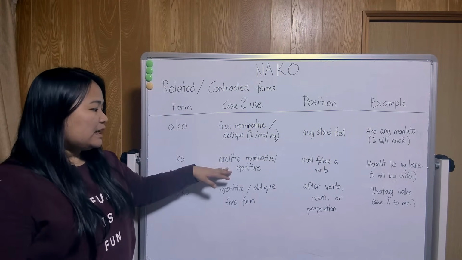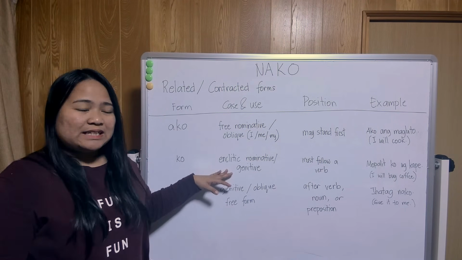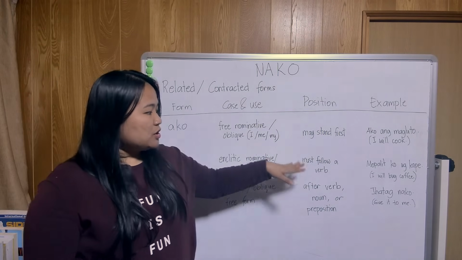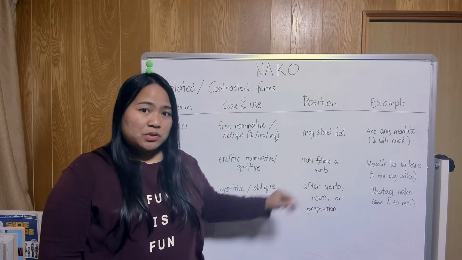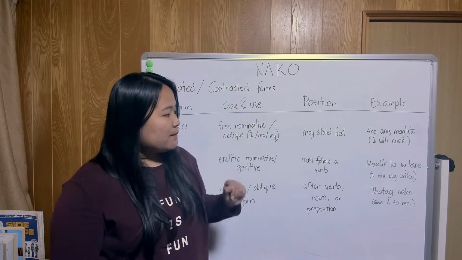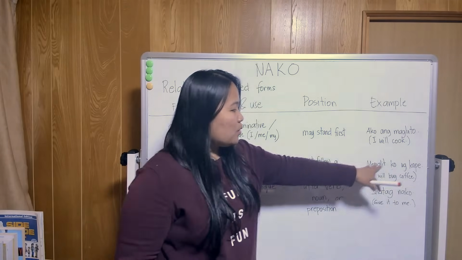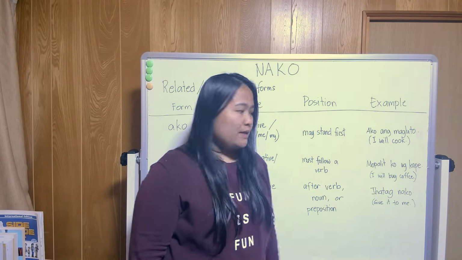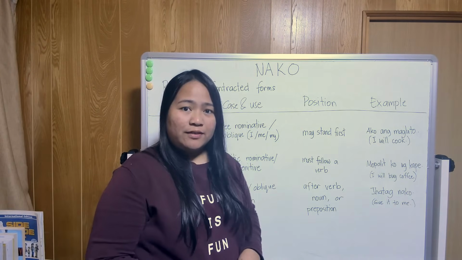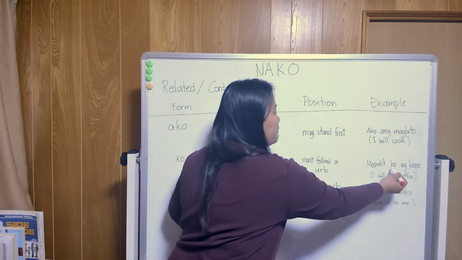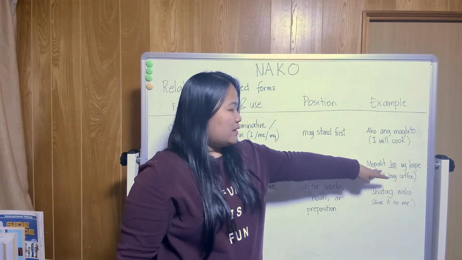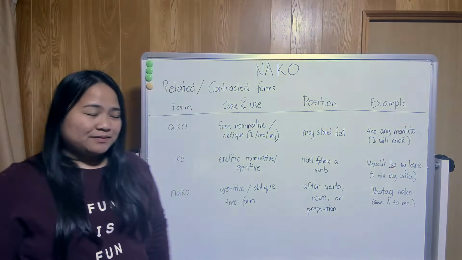Next is ko. This is an implicit nominative or genitive. The position must follow a verb. For example, mupalit ko og kape, I will buy coffee. So, ko after the verb mupalit.